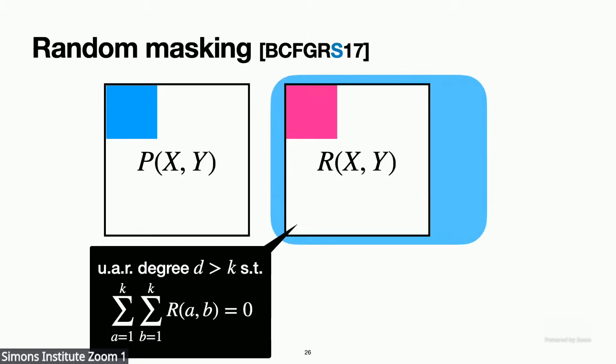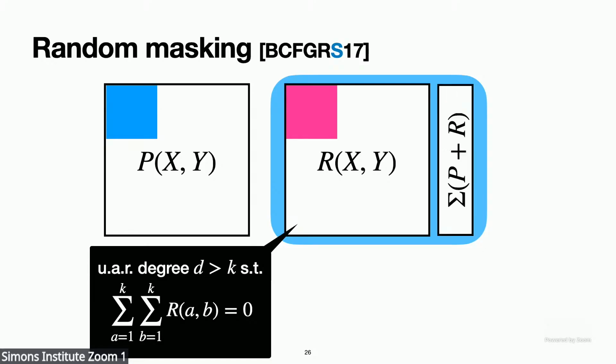The first idea that we need is something called random masking. The idea is to use the random self-reducibility of sum check. In the proof, I get the prover to write down a random polynomial R, which is the same shape and degree as P, such that this polynomial R sums to 0 over the pink square.